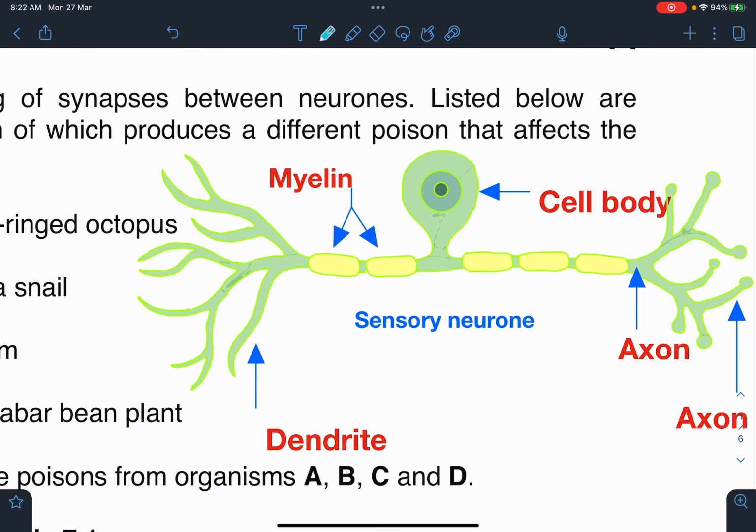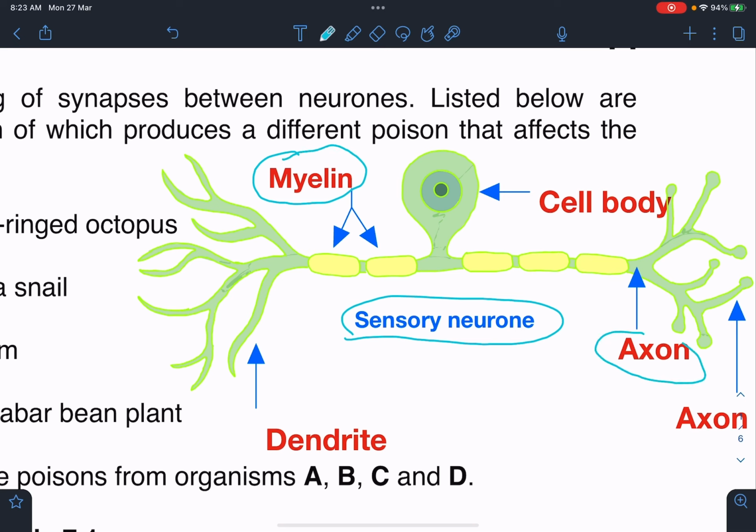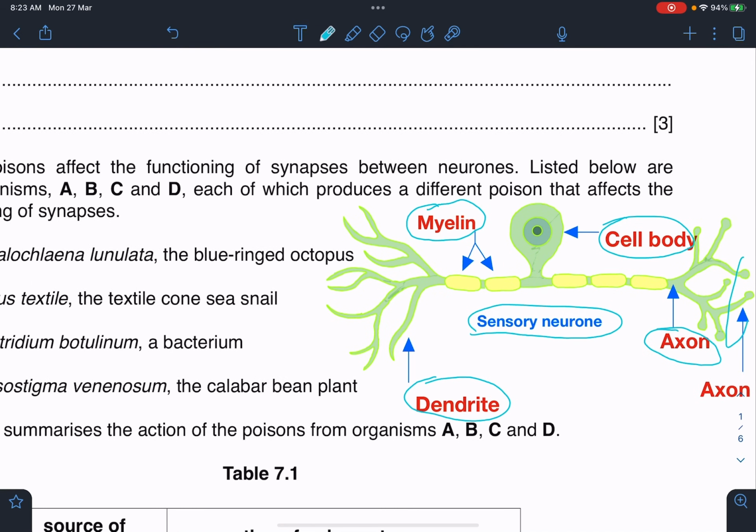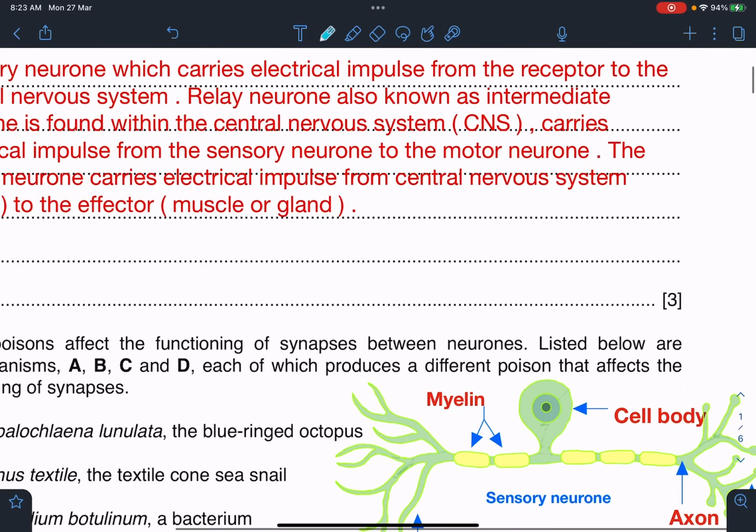In a sensory neuron, you have your Schwann cells which wrap around the axon and form the myelin sheath. You have the axon here. This is your cell body, this is your dendrite or many dendrites, and this is your axon terminals. So this is the structure of a sensory neuron.